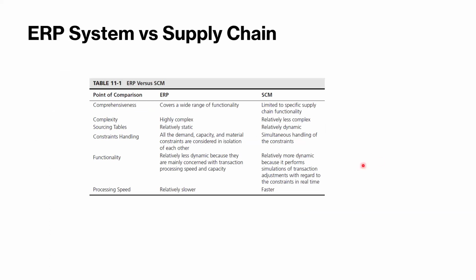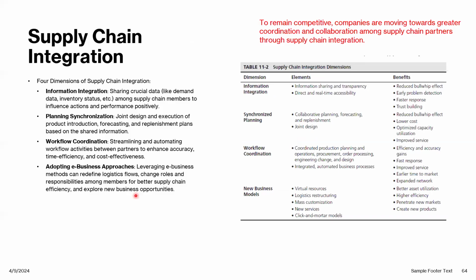So this is a comparison of ERP versus a specific supply chain management system, taking into account important factors like comprehensiveness, complexity, sourcing, constraint, functionality, processing speed, and so on, right? When it comes to supply chain integration, this is very important.